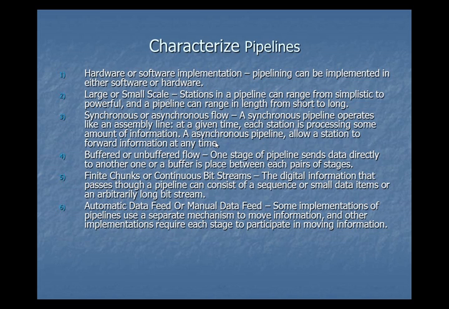Then the next category is buffered or unbuffered flow. That is how we are doing the buffering: one stage of the pipeline sends data directly to another one, or a buffer is placed between each pair of devices.